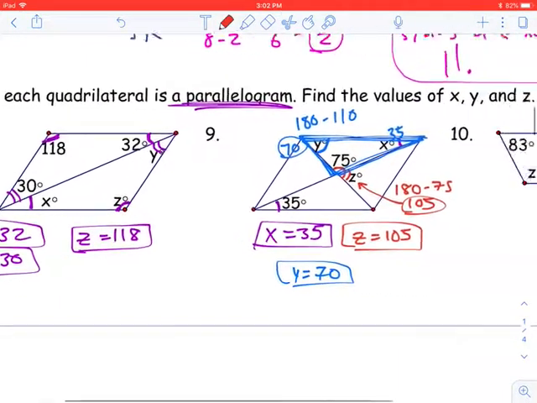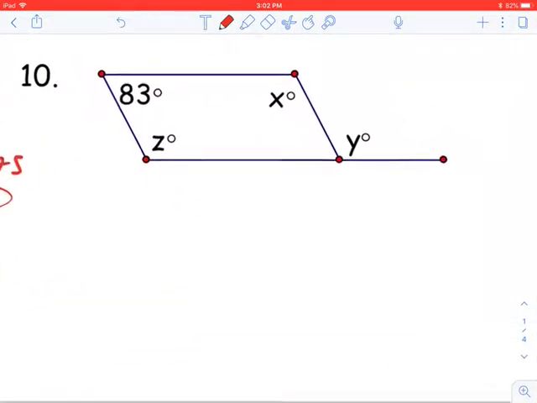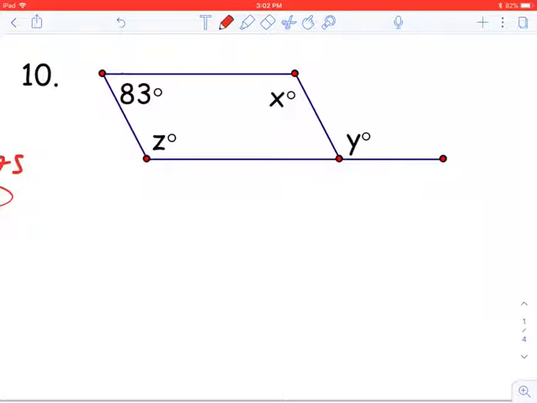Okay, so number 10, a little less easy this time. 83, this is a parallelogram, remember, so any consecutive angles, like these two, are supplementary. So 180 minus 83 is going to be 97. So z equals 97.